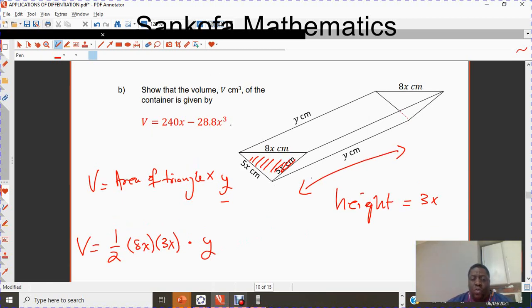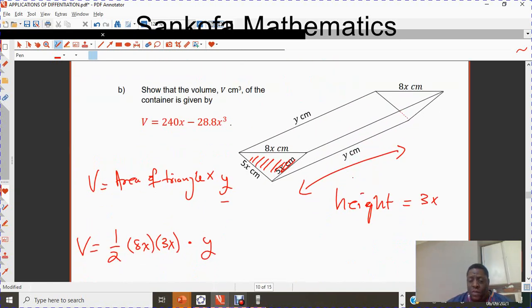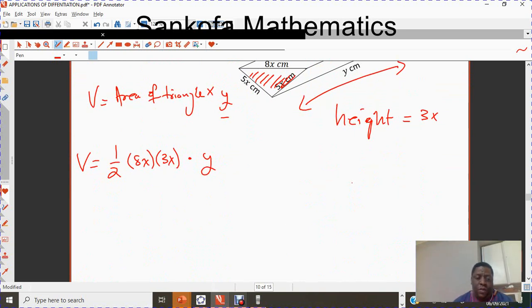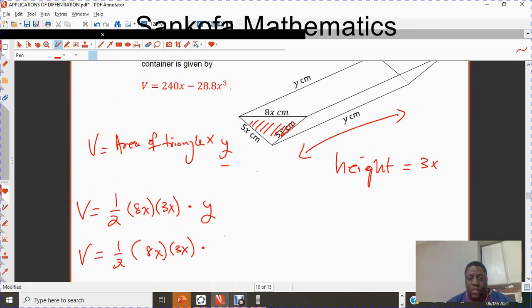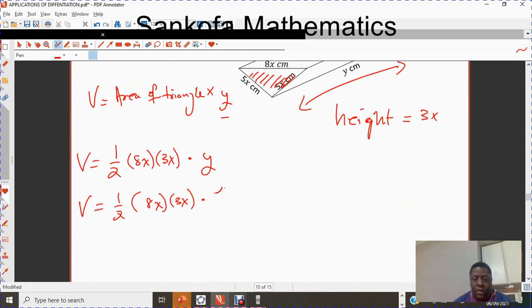We also know from my previous work that y equals (200 minus 24x squared) over 10x. So my volume will be a half times 8x times 3x times (200 minus 24x squared) all over 10x.